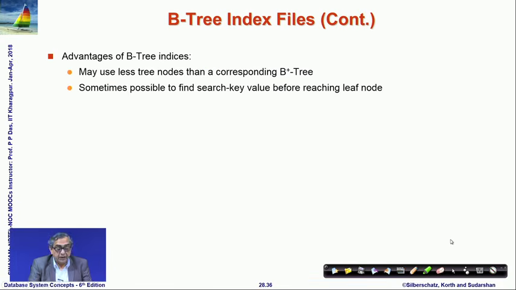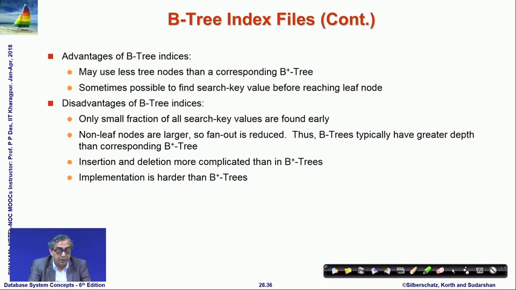So, it has advantages. It may use fewer nodes than the corresponding B plus tree. Sometimes it is possible to find the search key value even before reaching the leaf node, so search could be efficient. But it has a lot of disadvantages, because only a small fraction of all search key values are actually found early.